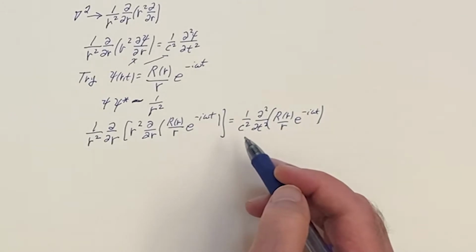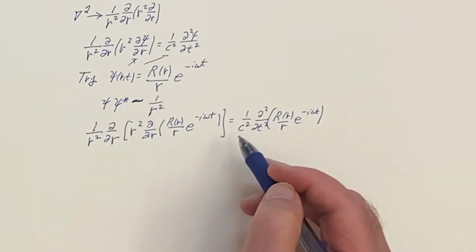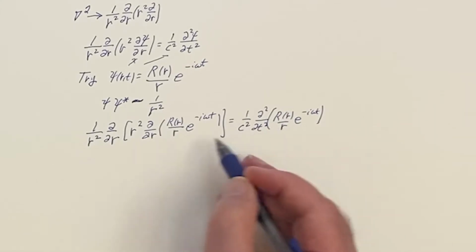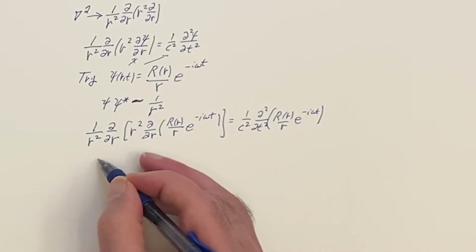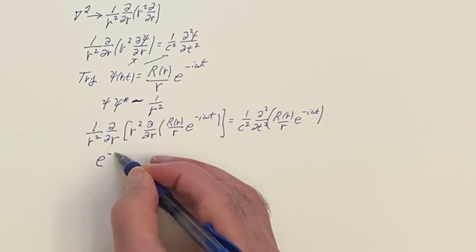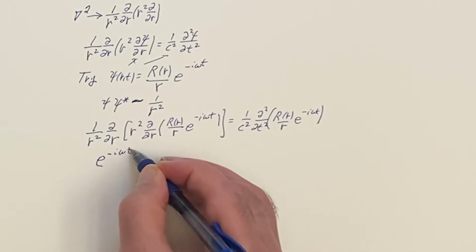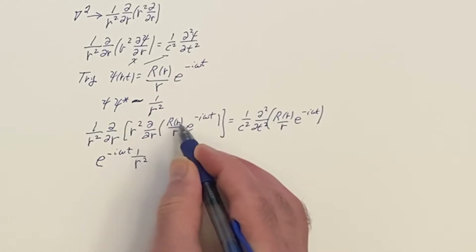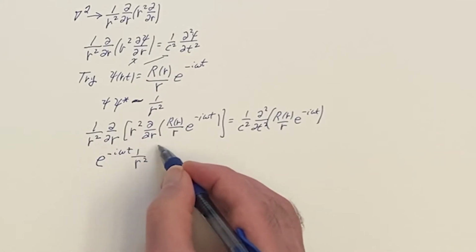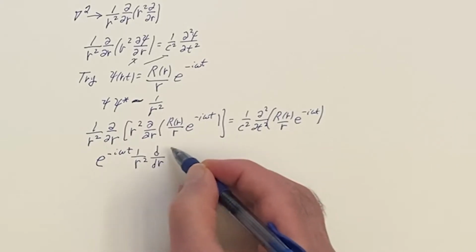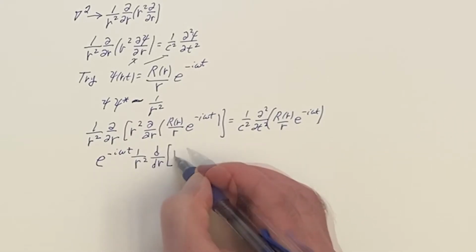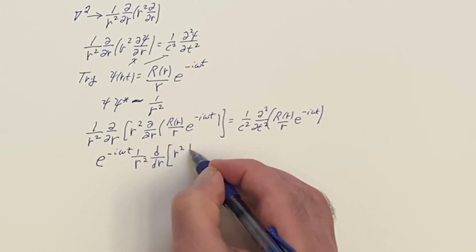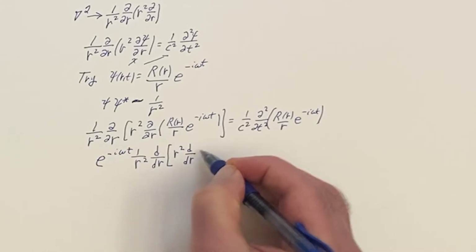So in that case, we can see that the time dependence can be filtered out here. 1 over r squared, and we can make these regular derivatives now, r squared d dr.